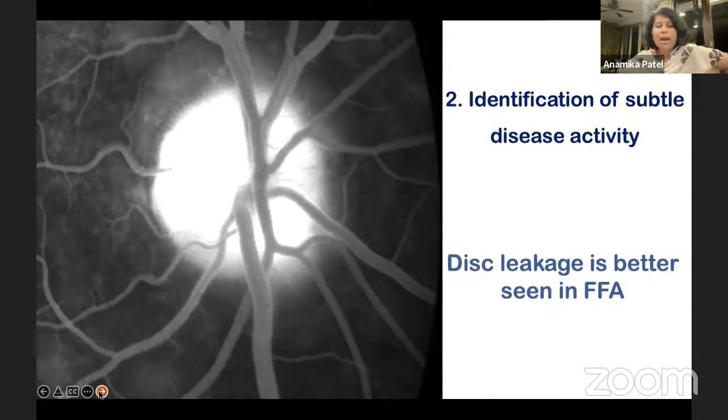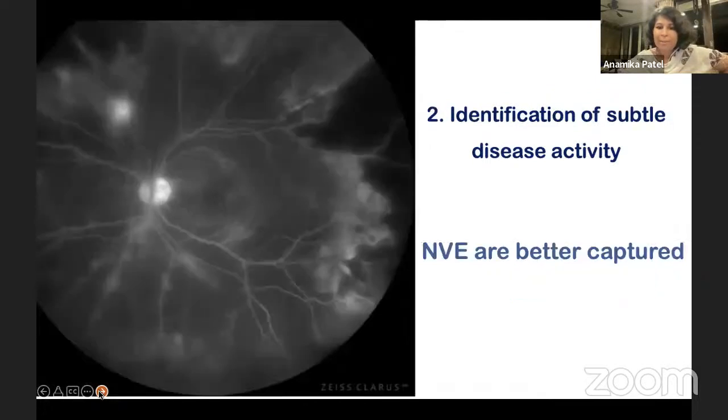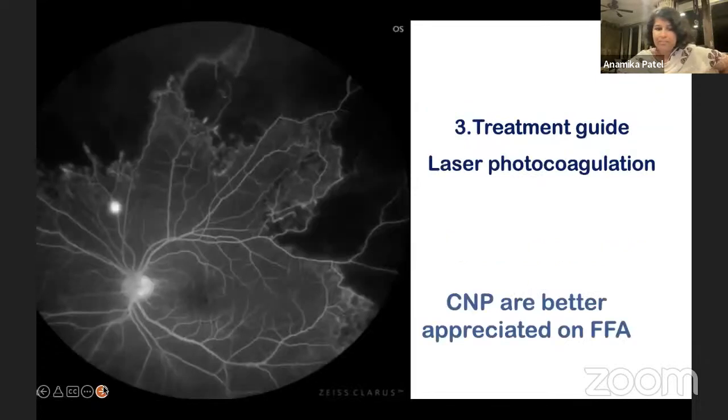If you have a suspicion of any subtle disease activity, this leakage is seen better on FFA. If you feel that there is the presence of slight vasculitis and you have a doubt of neovascularization, you can see how beautifully you can pick up the neovascularization better on FFA. Anup, I'm sure you must have done some lasers for your retinal vasculitis patients when they have come up with the neovascularization.